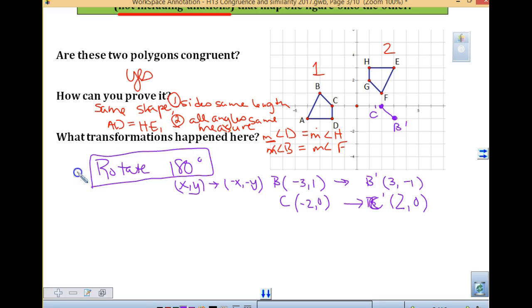Now what is my next step, Maya? What do I have to do to slide to get this B onto F and C onto G? How am I going to translate? You can tell me in words or you can tell me the rule.